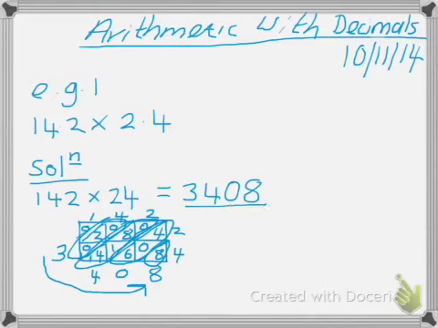But 142 times 24 was not the question I asked. The question I asked was, what's 14.2 multiplied by 2.4? And hopefully you'll notice in the question there are 2 numbers after the decimal place, and because of that there need to be 2 numbers after the decimal place in my answer.